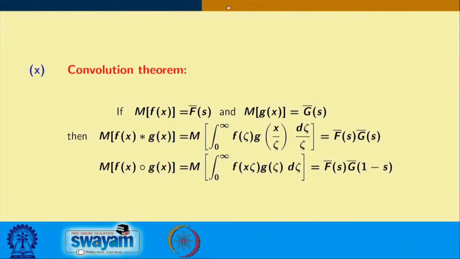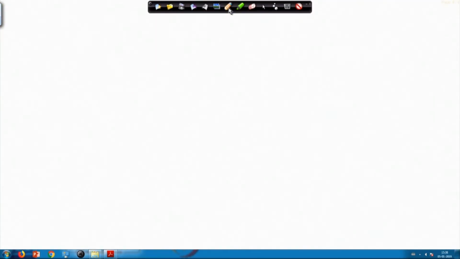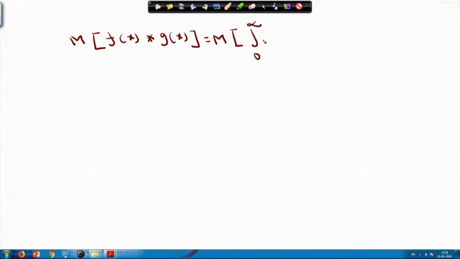Let us see the proof of this particular theorem. The first one is the Mellin transform of f(x) star g(x). From the definition you can write the integral from 0 to infinity of f(eta) g(x/eta) d eta/eta.